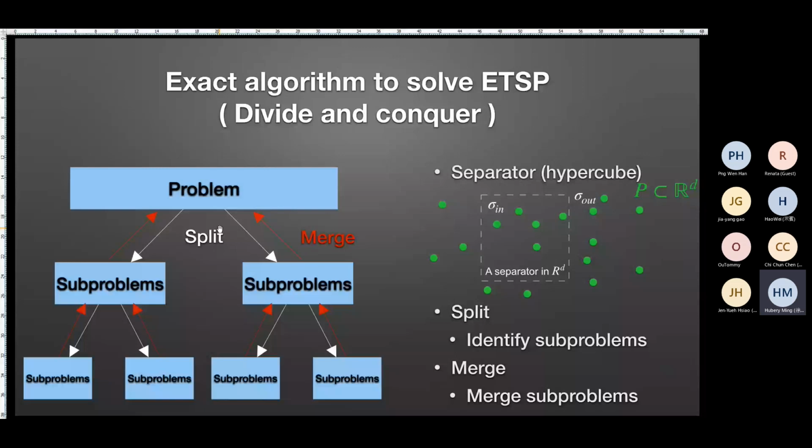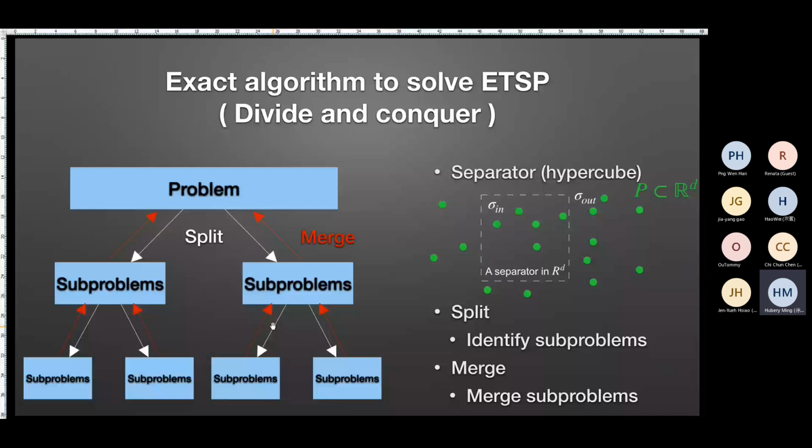And we do the procedure recursively until we can find all of the solutions trivially. That is to say, the size of the subproblem should be a big-O of a constant. Once we can do that, we can obtain all of the solutions to these subproblems, and we can merge them recursively until we obtain the solution to the initial problem.